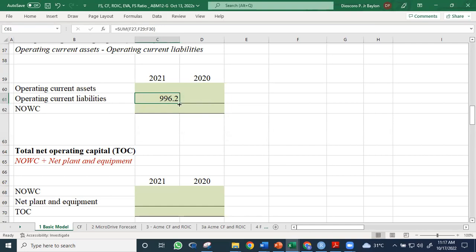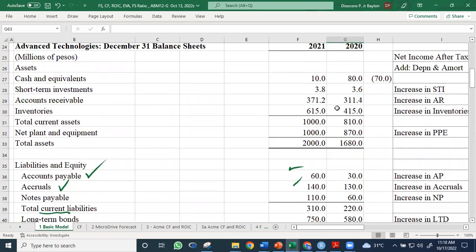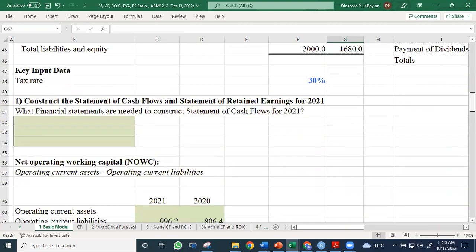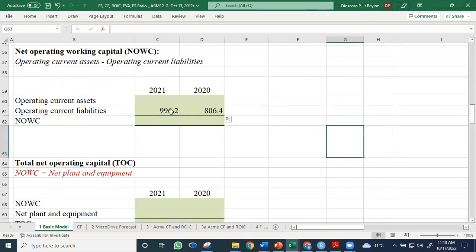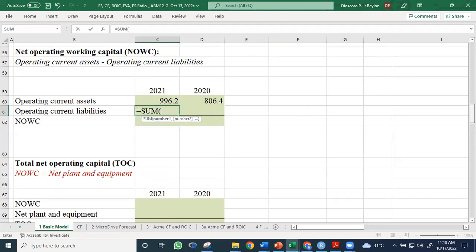We can actually copy the same for 2020, because we have the same cell position. Sorry, I transferred it to operating current assets. Now, for your operating current liabilities, we'll also sum.